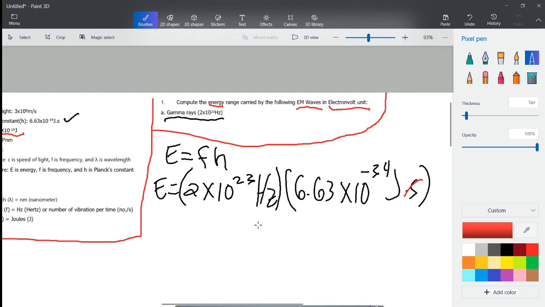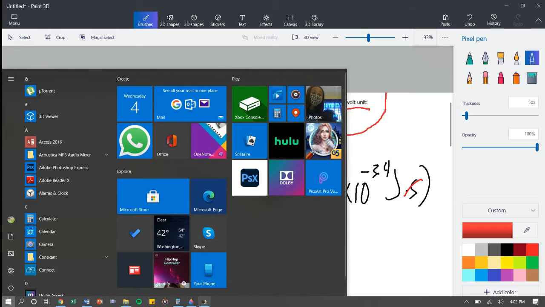Since we have a huge number, how do we solve that? We're going to use a scientific calculator. In my case, I am using a simple calculator. Okay, this is the calculator. Now let's solve this. We have 2 times 10 to the power of 23.